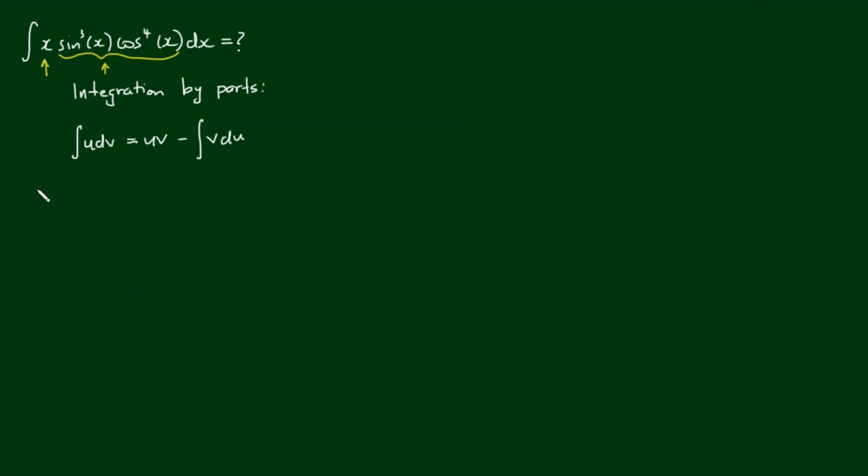So in this instance, I'm going to let u equal x, and dv equal sine cubed of x times cosine to the fourth power of x dx.